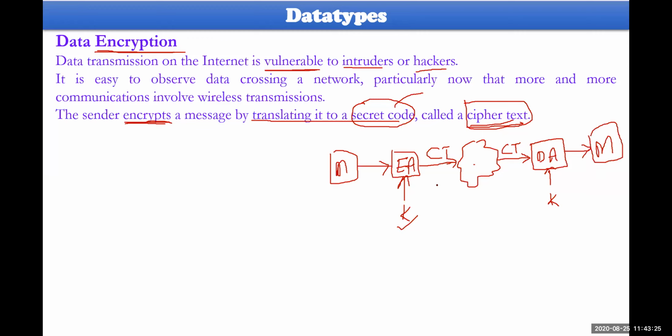Okay, but here the point is, whatever key your friend has used, the same kind of secret code or key must be used by you also. So this key will be available only with you and your friend, not with all other people. That's what you need to understand.